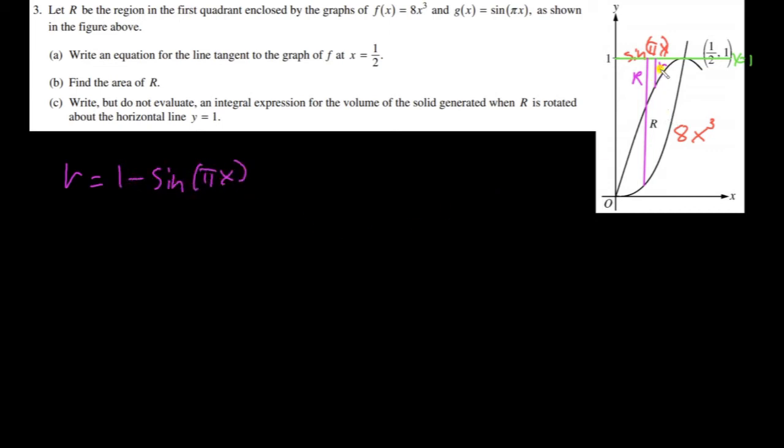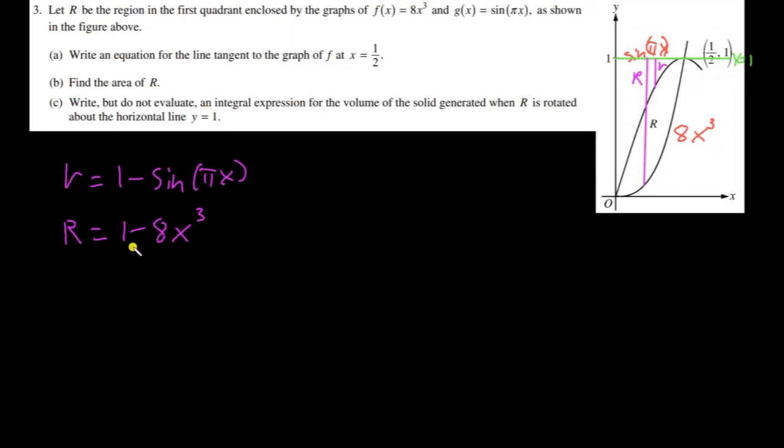Using that same logic, what do you think big R is going to be? Big R is going to be 1 minus 8x cubed, because the entire distance is 1, but we're subtracting that 8x cubed, so R is what's left over.